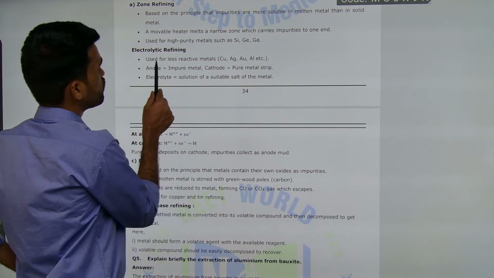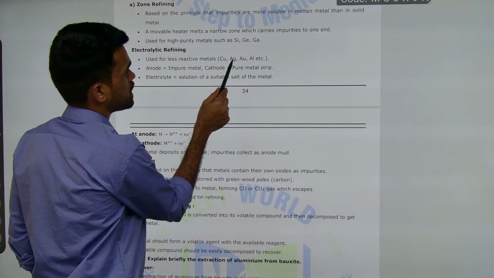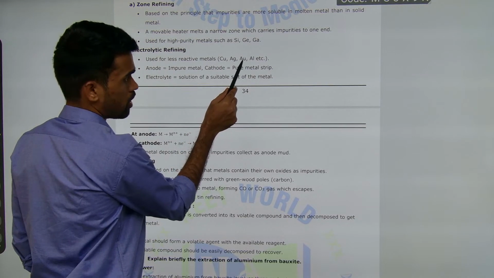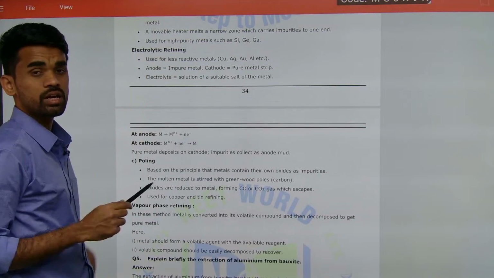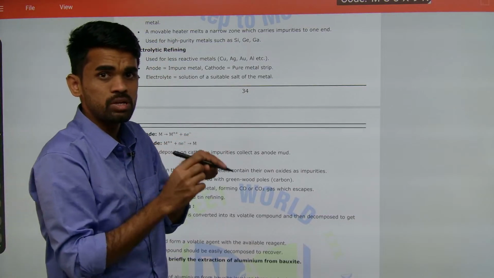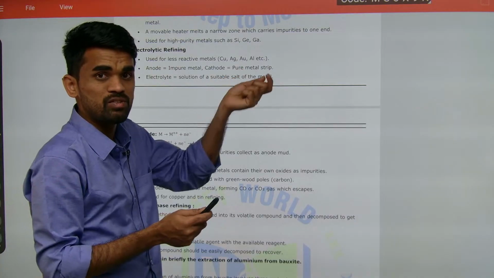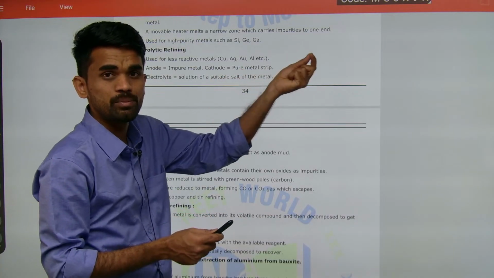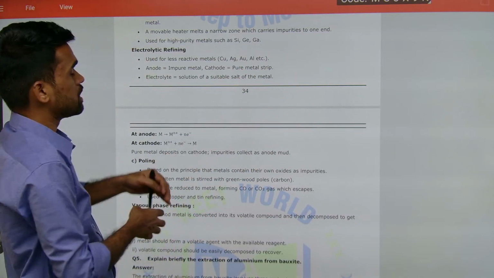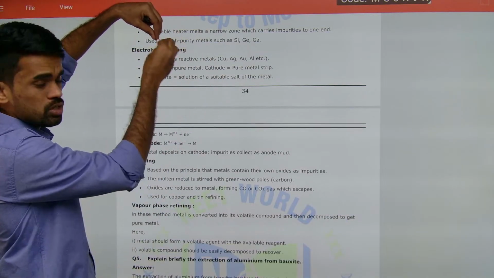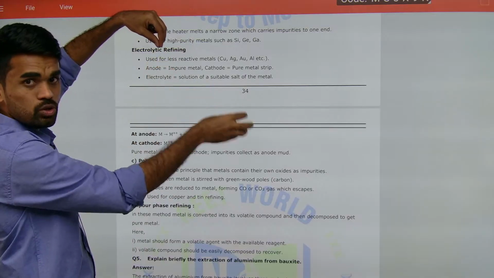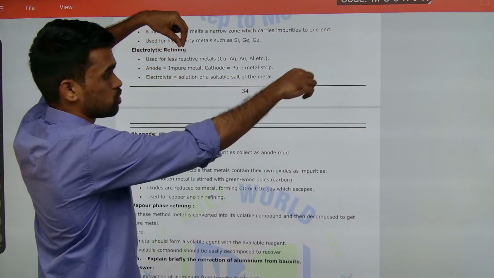It is used for less reactive metals like copper, silver, iron, gold, aluminum, etc. I just told you by drawing the diagram. The impure form of that metal will be taken as anode, the pure form as cathode. The impure metal undergoes oxidation, goes into the electrolytic solution and slowly moves to the cathode.